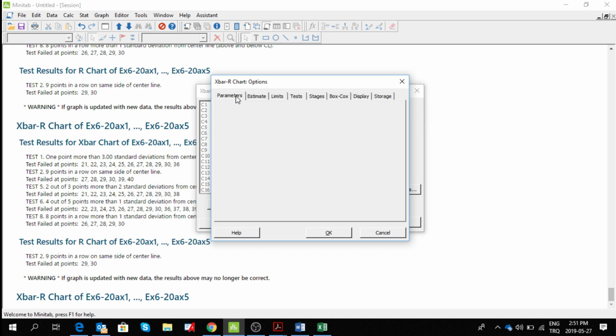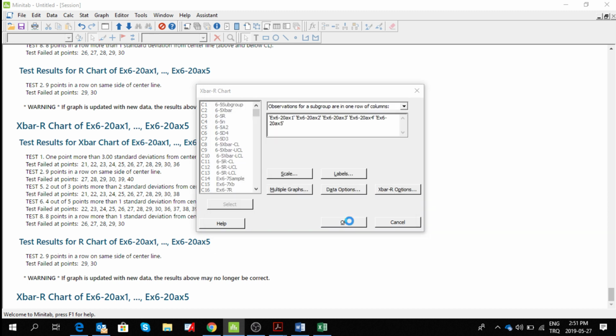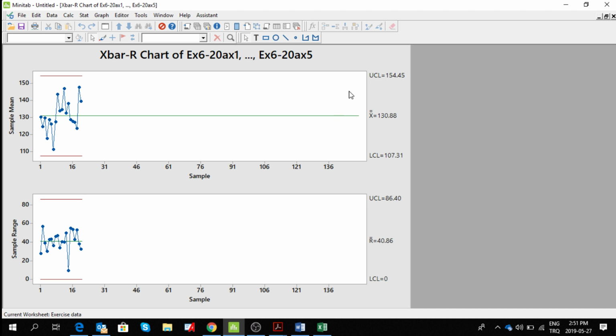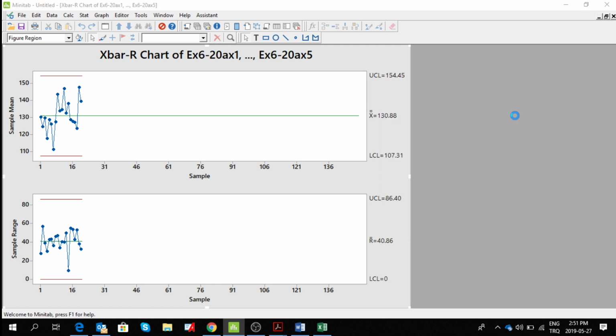Okay, parameters, these are the ones we will use. Click OK. I want to send this first. I should write a title to it so that I don't forget.